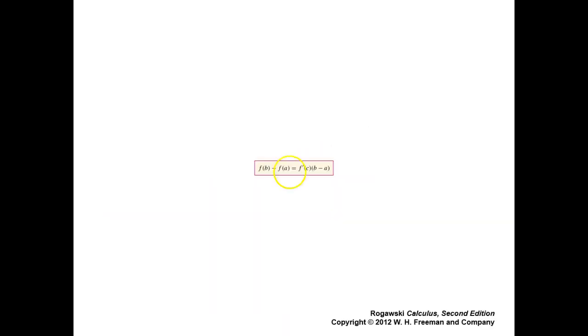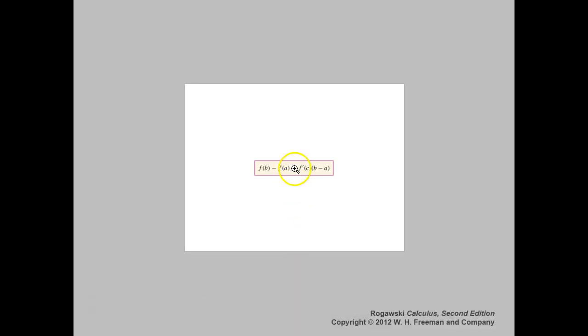Here is yet another way. This is in the conceptual insight on the bottom of page 210. It basically says that if f prime of c is equal to f of a minus f of b over b minus a, multiply both sides of this, and what you have is a point slope formula.